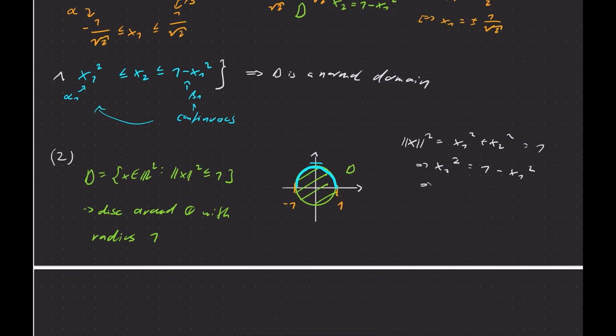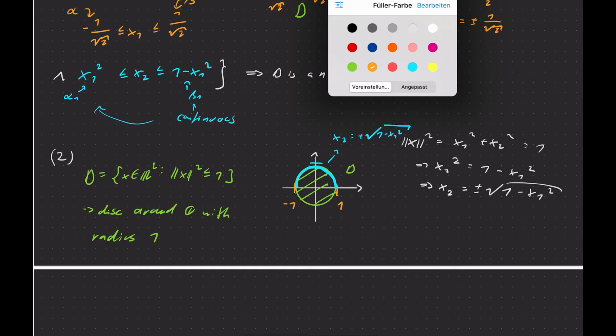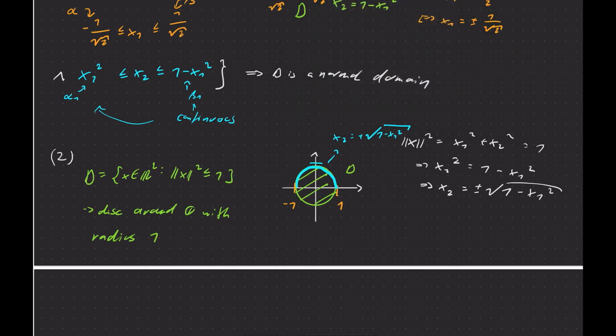So in other words, x2 is plus or minus the square root of 1 minus x1 squared. And that's just what those curves here are. So that blue curve here is where x2 is plus the square root of 1 minus x1 squared. And let's draw that curve down here, that red curve. That is where x2 is minus the square root of 1 minus x1 squared.